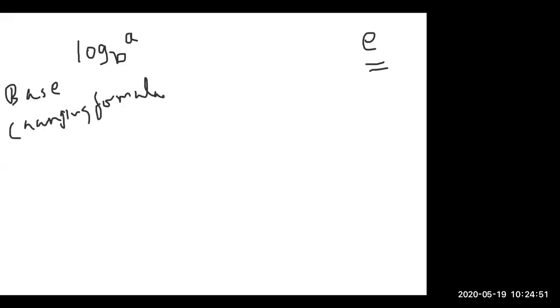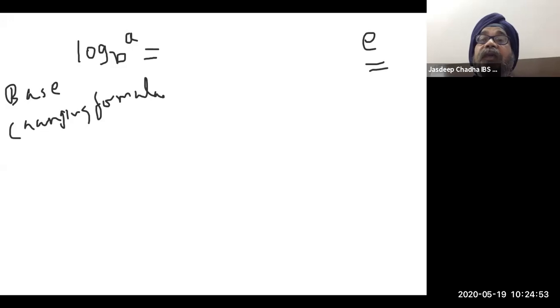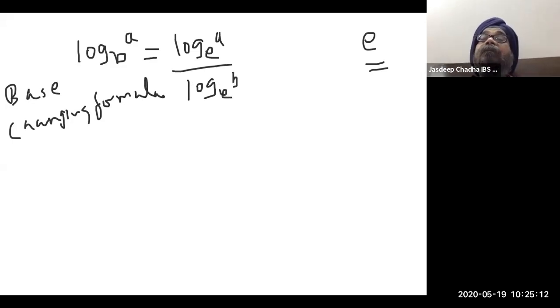So log A to the base B is equal to, I have to change it to E. It will be log A to the base E divided by log B to the base E. This is the formula.